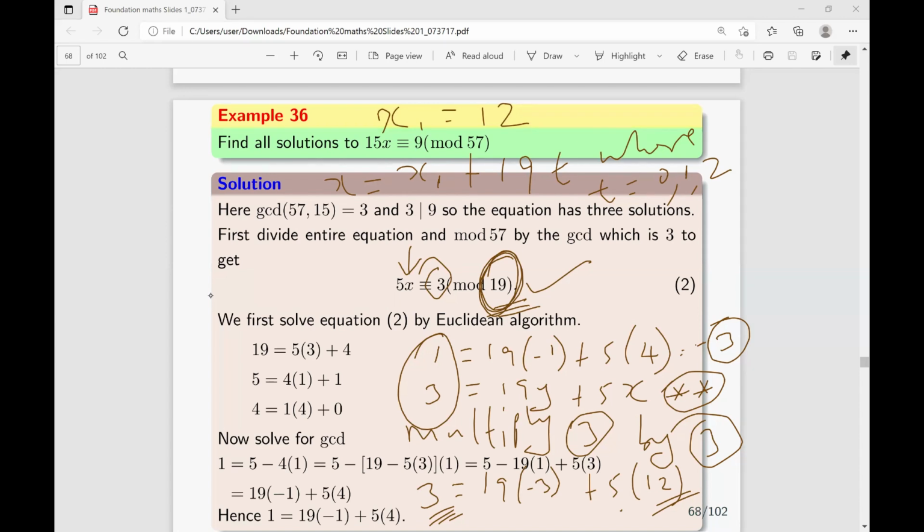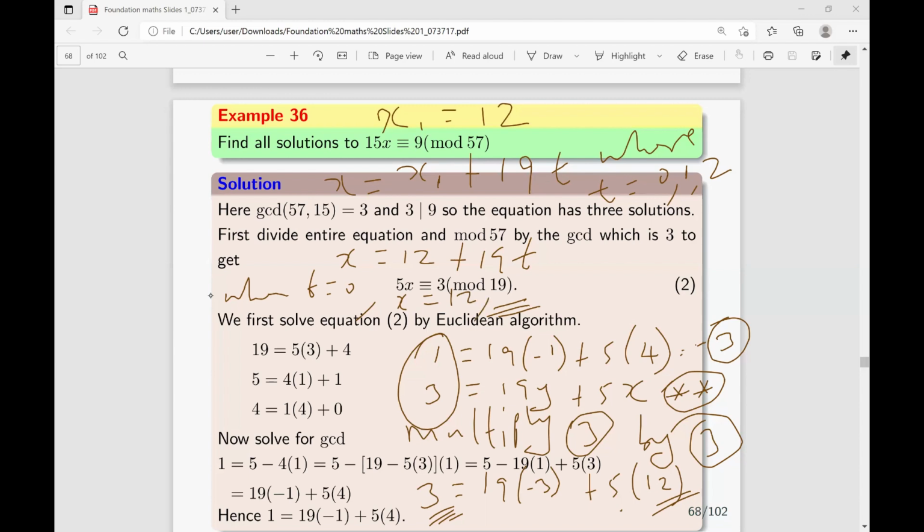When t is 0, let me just write this again properly. So x is x1, and x1 is 12, plus 19t. So when t is 0, then what is x? 12.